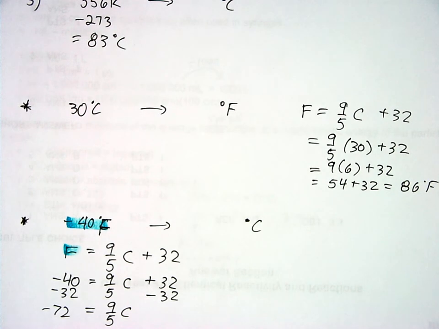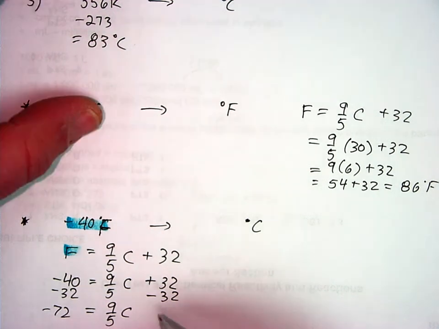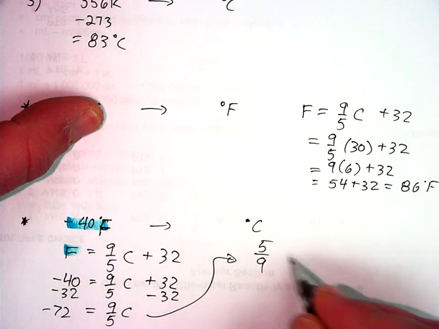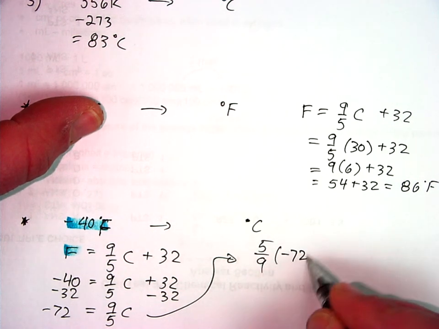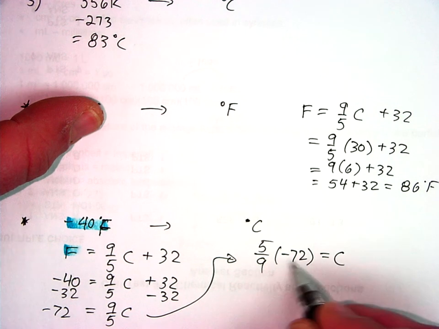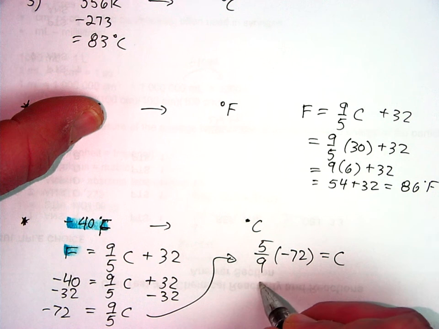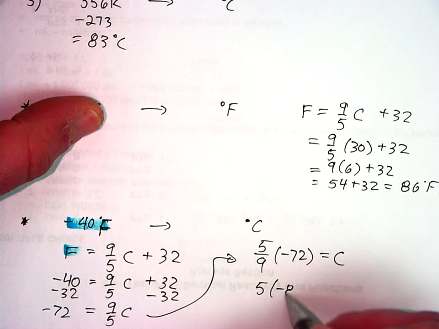I want to do the opposite of this, so I want to multiply by 5 and then divide by 9. So 5 divided by 9, or multiply by the reciprocal. So 9 goes into 72 8 times. So it's going to be 5 times negative 8.